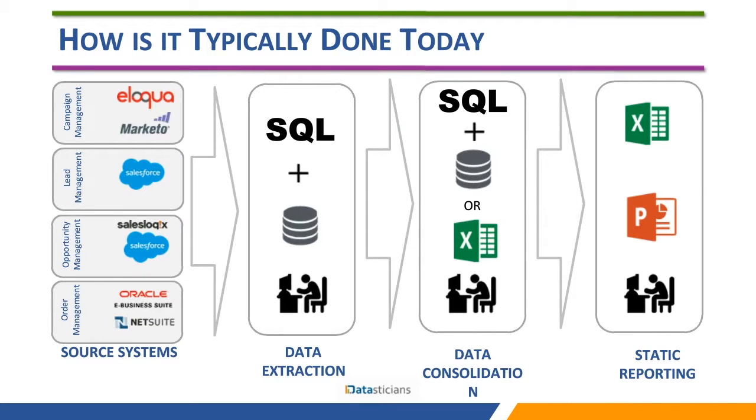So let me show you typically what's done today with customers that do not have a solution in place that addresses this use case. Looking at the left-hand side, this represents the different source systems, and I've given examples of vendors that provide these systems, but basically you will have an order system, an opportunity tracking system, a lead management system, and a campaign management system.